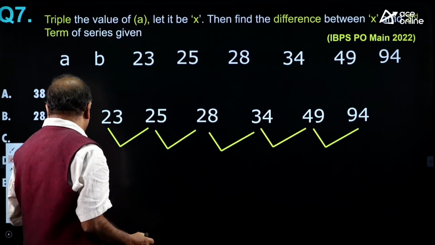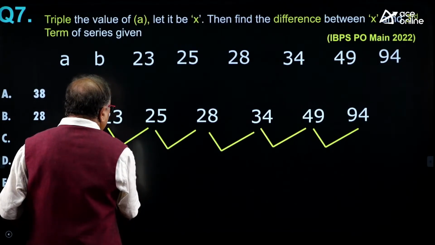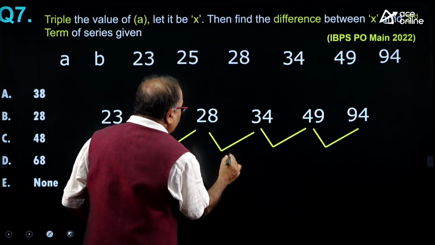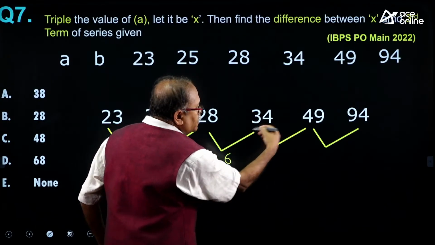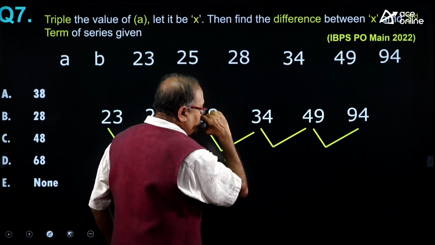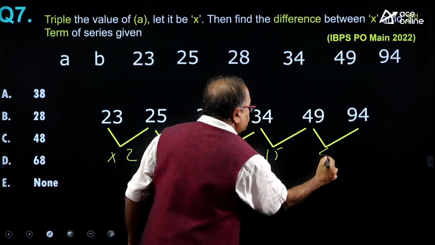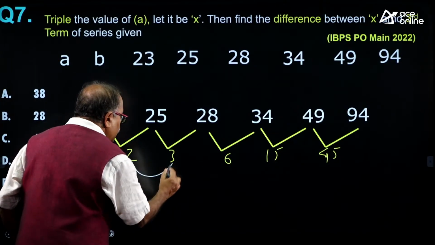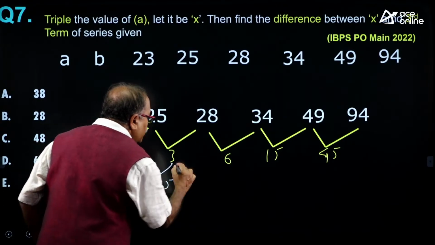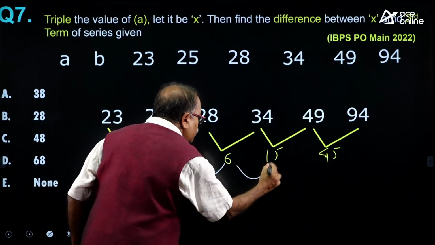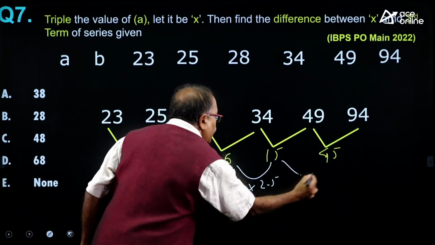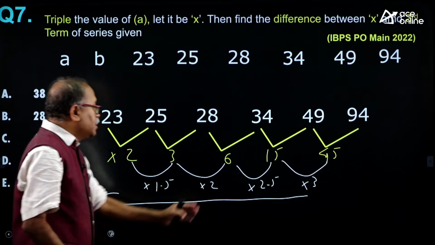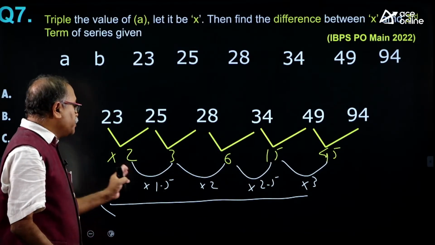As I said, here the difference is 2, the difference is 3, the difference is 6, and the difference from here to here is how much? 15, and the difference is 45. So, what kind of relation is coming over here? From here to here into 1.5, into 2, into 2.5 and into 3. So, if I come backward, then what happens? 3, 2.5, 2, 1.5.